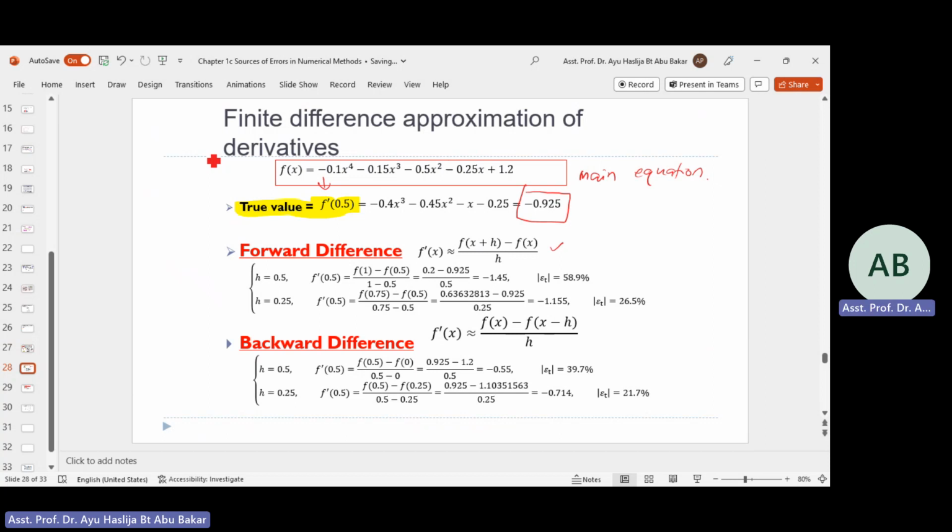Okay, so this is the true value calculated from differentiation. Now the f prime 0.5, the forward difference, the one that we calculate using this equation. This is the approximate value.